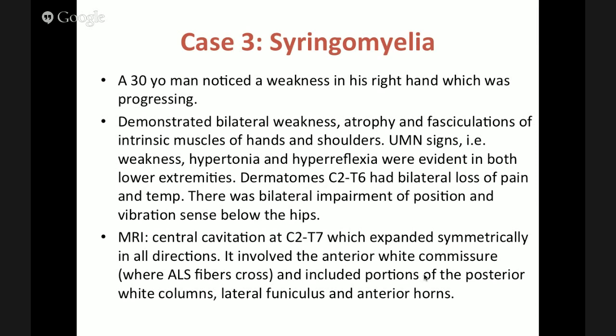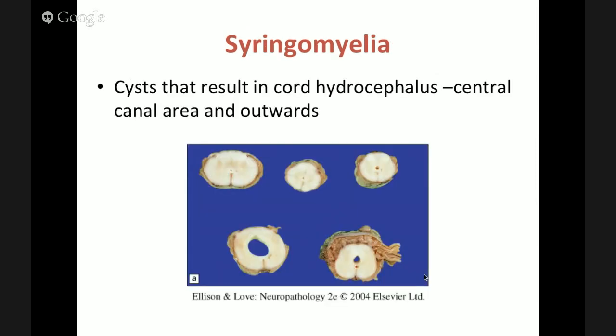And in this case, the syrinx is also expanding to include portions of the posterior white columns, the lateral funiculus, as well as the anterior horn. And this is an example of a spinal cord sectioned to show a syrinx cyst within the cord.